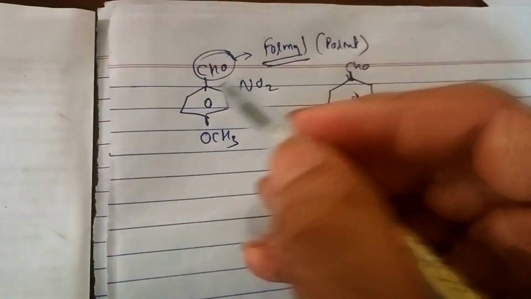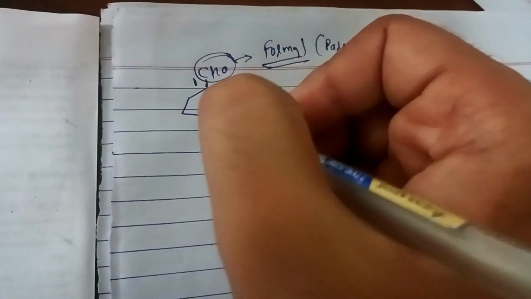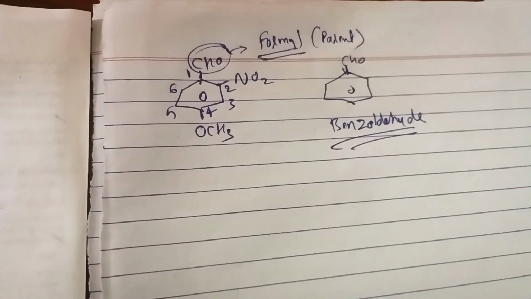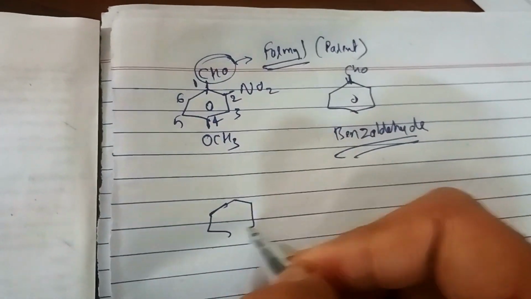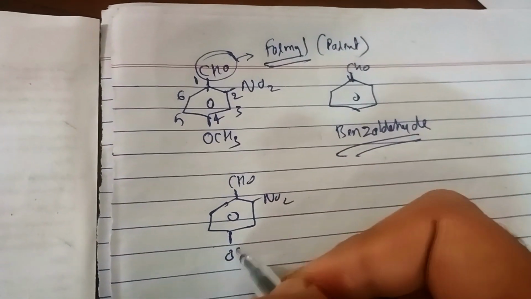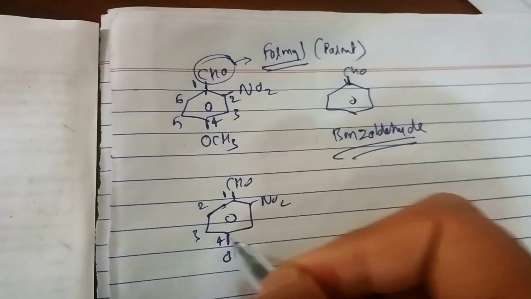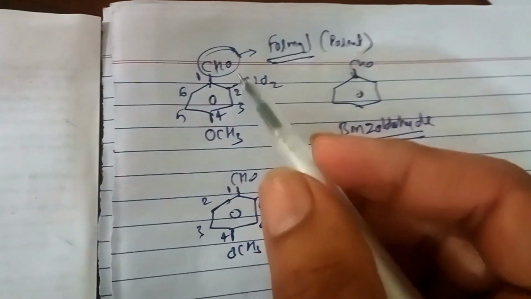Okay, then if we start the naming here, 1 2 3 4 5 6, this is the numbering. You can also ask why we have to start numbering like that and why not like this, by considering 1 this, 2 3 4 5 6, which numbering is right.